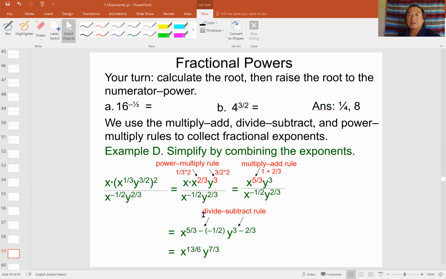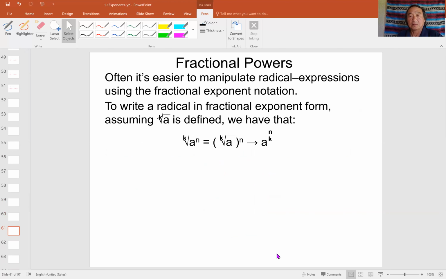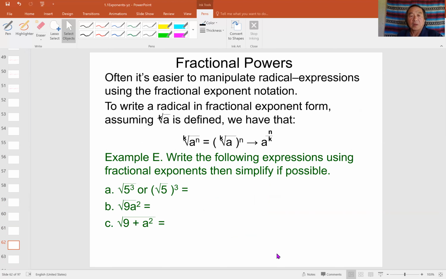So the whole exercise is adding and subtracting fractions, of course. But these fractions actually mean taking radicals, taking roots, and raising a power to another power. And we can interpret roots into fractional powers and back and forth.